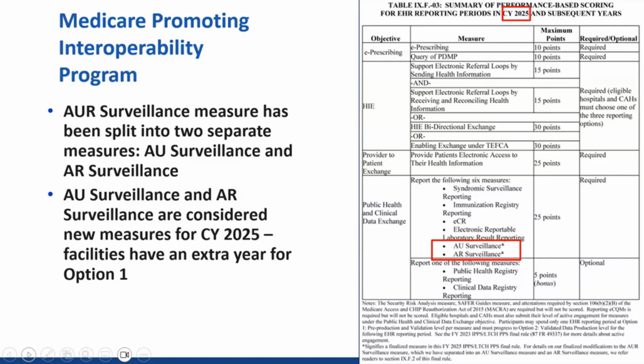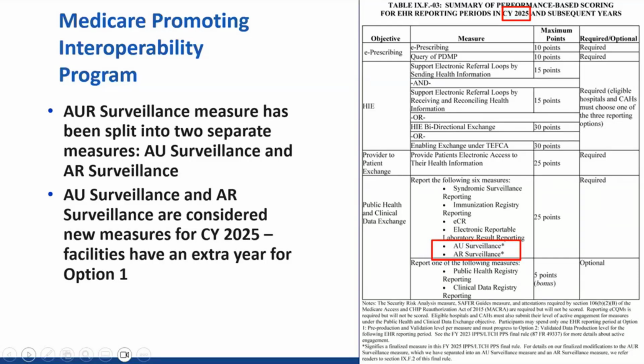In this slide, I would like to highlight that CMS split the AUR surveillance measure into two separate measures. In calendar year 2025, hospitals and critical access hospitals must be in active engagement or claim an eligible exclusion for each measure. Both AU and AR are still required measures for the calendar year 2025 PI program.